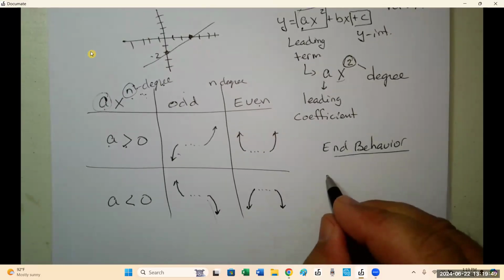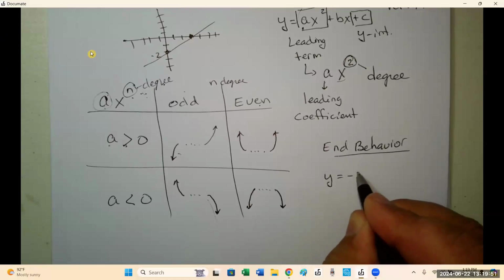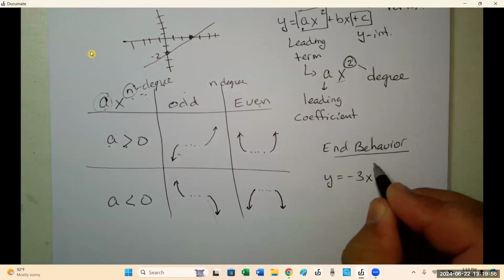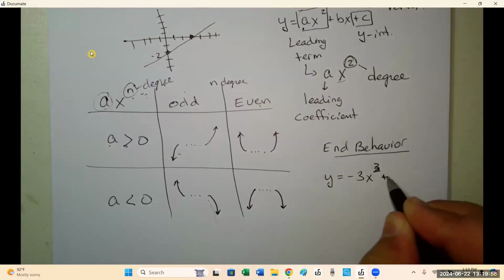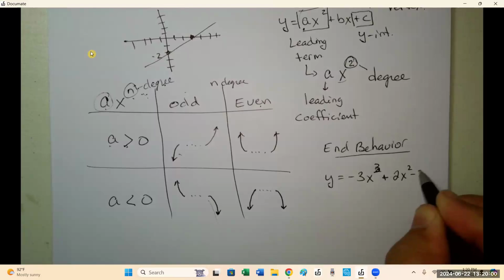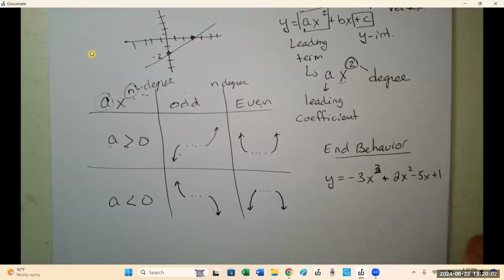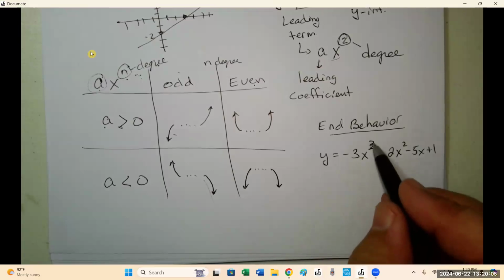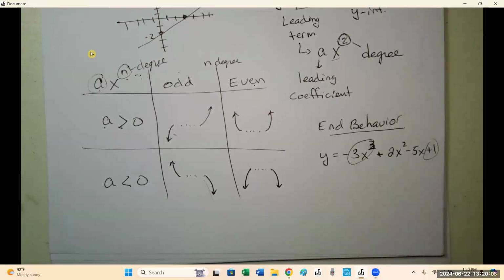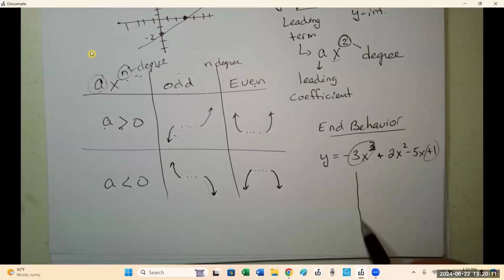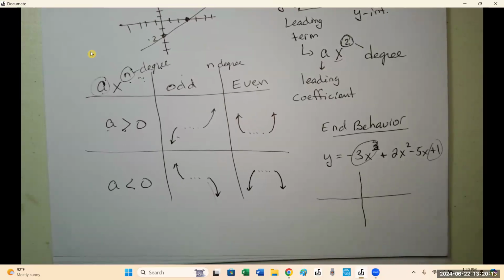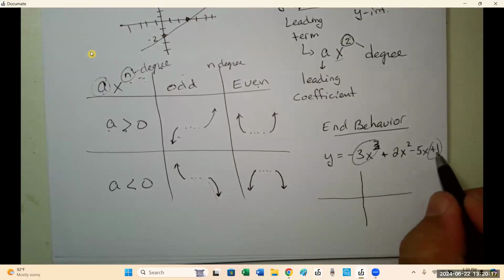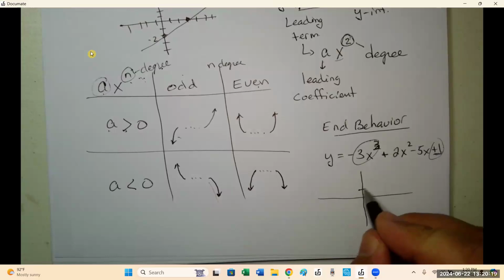So for example, if I gave you this equation, negative 3x cubed plus 2x squared minus 5x plus 1, by looking at the leading term and the constant, we have a good idea what this graph's going to look like. We know we have a y-intercept at 1.